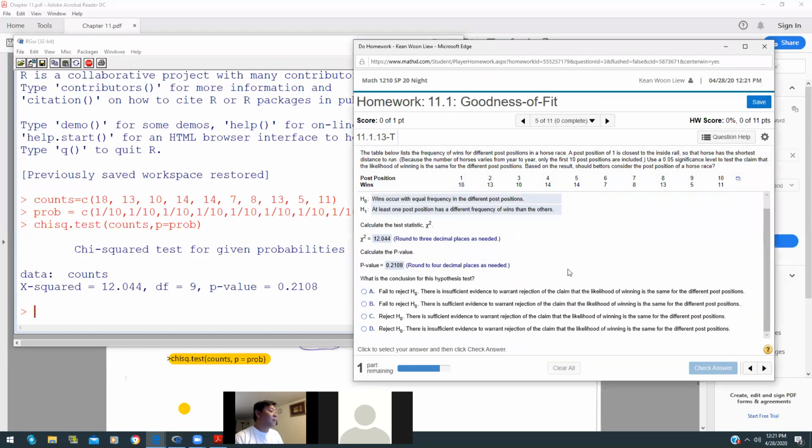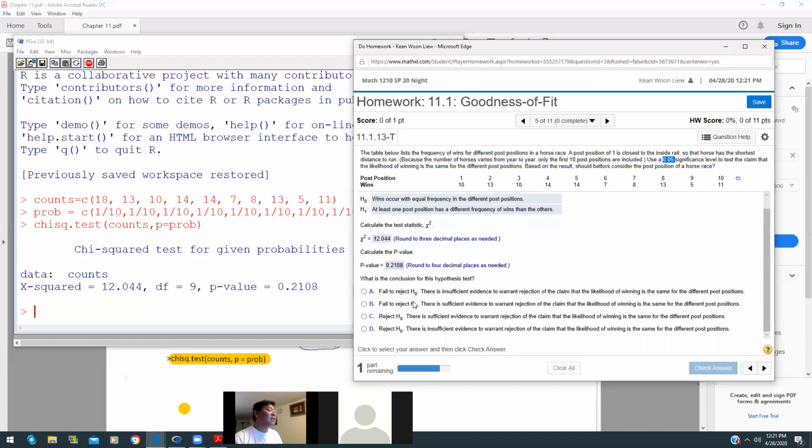Now, is the p-value that we have less than or greater than alpha? The alpha is 0.05. So your p-value is what? Greater. So do we reject or fail to reject? Fail to reject. Now, when I graded your test last time, make sure you put fail to reject H0.